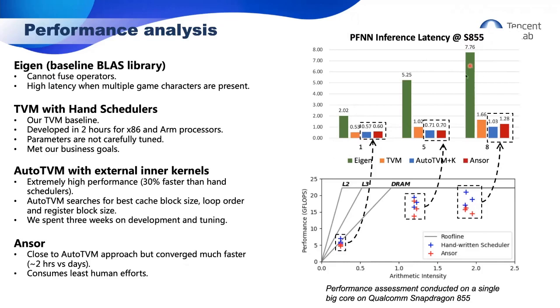Our TVM baseline, which is the hand-written schedulers, are the orange bars here. We can see that it meets our goal. The best part about these hand-written schedulers is that if you know a lot about HPC, you can develop them in a really quick cycle.